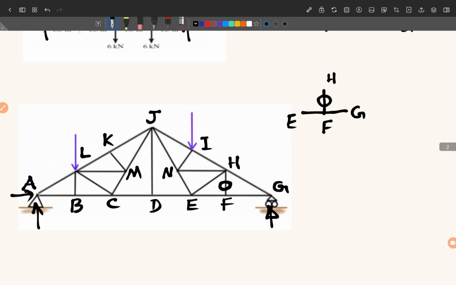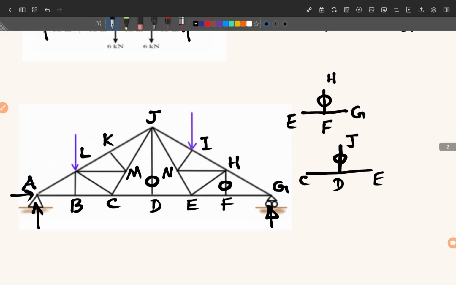We cannot go to I. We can come to joint D. Look at joint D. So joint D has DE and CD. So we can apply this rule number 2, that this DJ will be 0. So we have got the zero force in this member DJ.